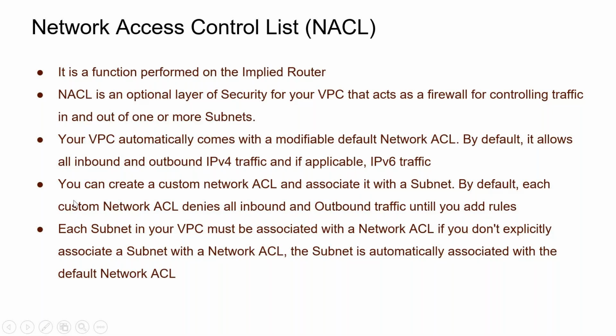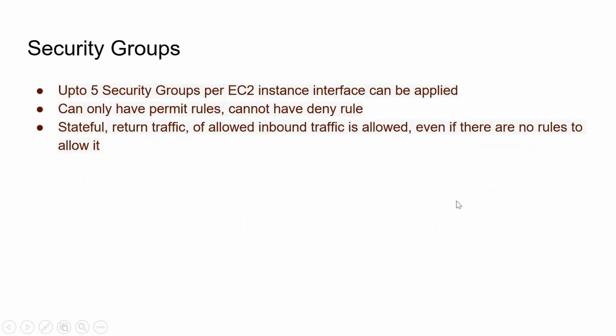You can create a custom network ACL and associate it with a subnet. By default, each custom network ACL denies all inbound and outbound traffic until you add rules. I told you that when you create a custom VPC, you get some free resources.